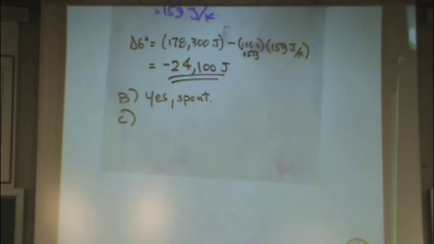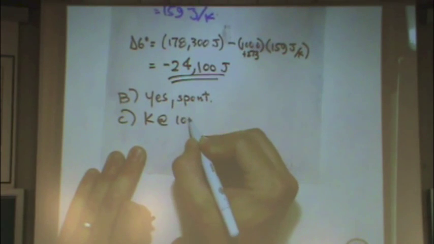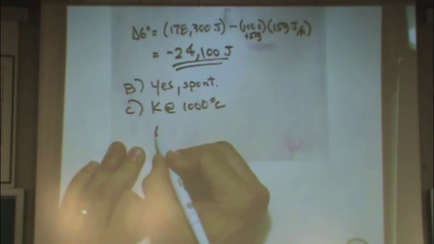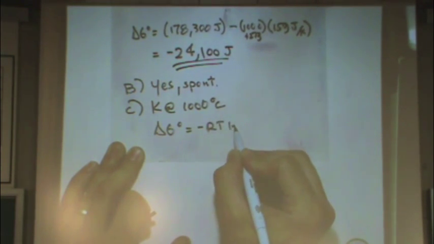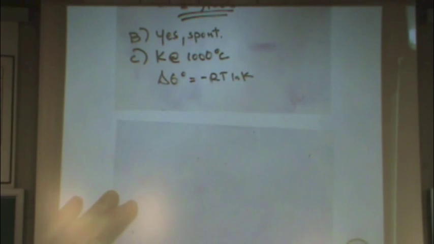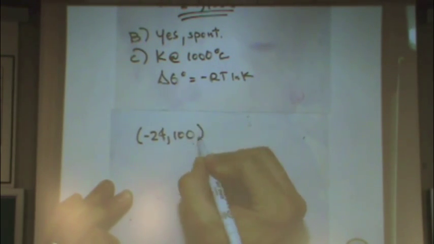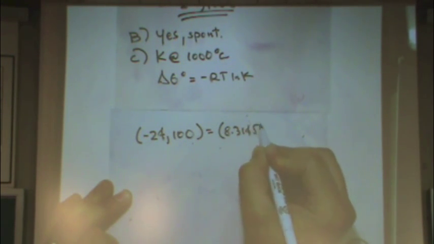C. What is K? K at 1,000 degrees C. Well, because we're asking about K, there's only one possible formula. It's this one, minus RT ln K. So delta G is minus 24,100. R, 8.3145.